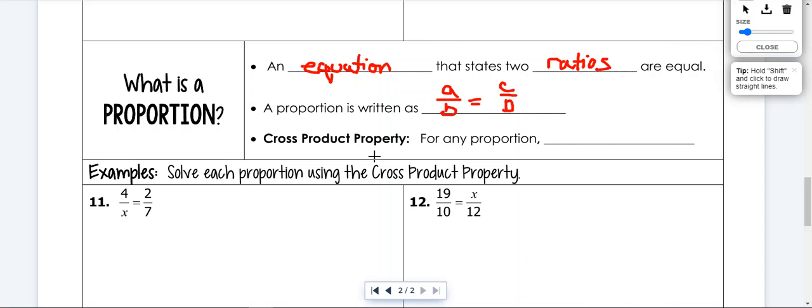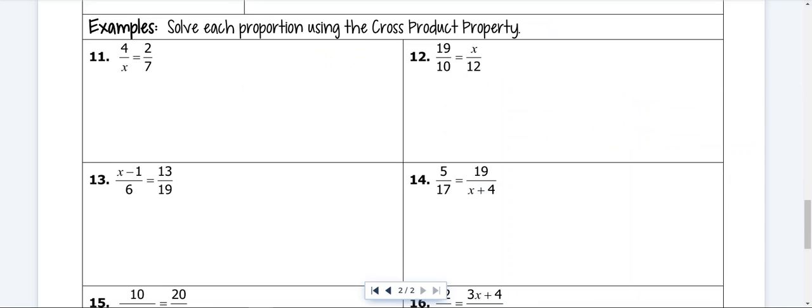And for any proportion, the cross product property tells us that A times D is going to be equal to B times C. You're probably more commonly used to thinking about that as cross multiplication. So hopefully you already know cross multiplication, but let's do a couple of examples just in case.